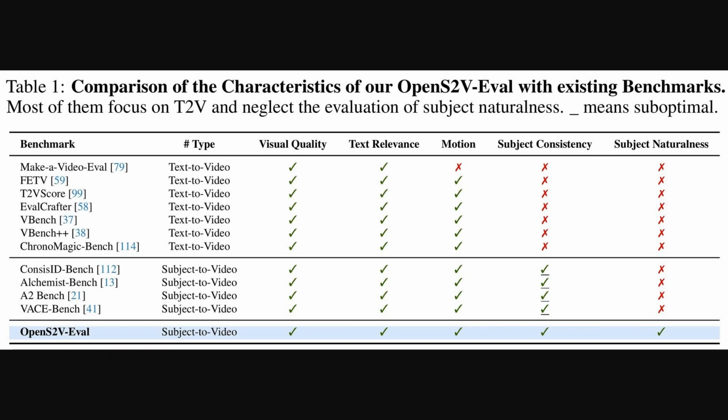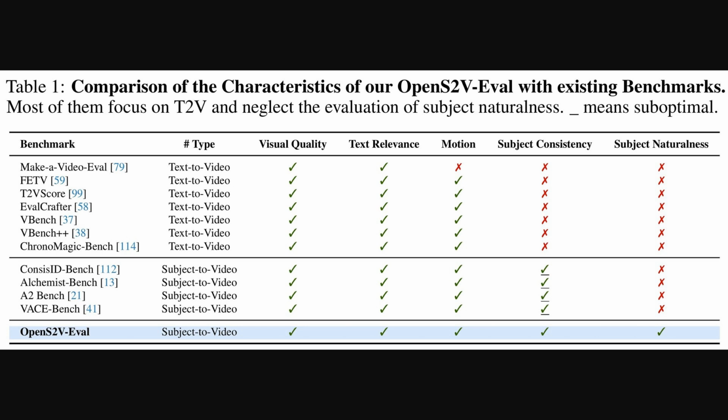Alright, so diving into the benchmark aspect, here compares OpenS2V-Eval with a bunch of existing benchmarks. What we see is that many previous benchmarks were designed for text-to-video tasks, and they often overlook critical details for subject-to-video generation. For instance, they might check for visual quality, or how well the video matches the text, but they often miss out on subject consistency, which is about how well the subject's appearance and identity are maintained throughout the video, and especially subject naturalness.